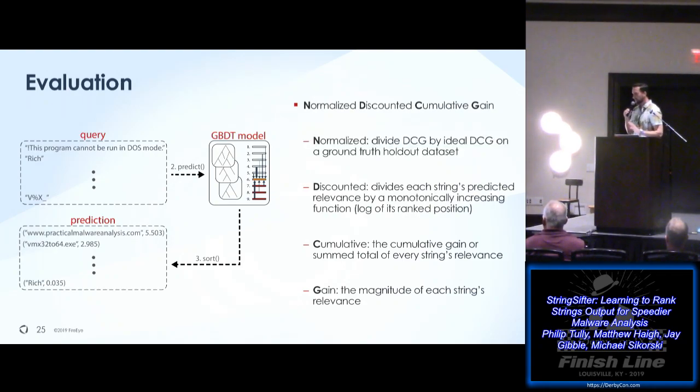And then finally, we want to normalize this because different strings outputs will contain different numbers of strings. In order to have a good comparison of our algorithm across different strings outputs, you need to divide this by what would be the ideal discounted cumulative gain for that strings output.